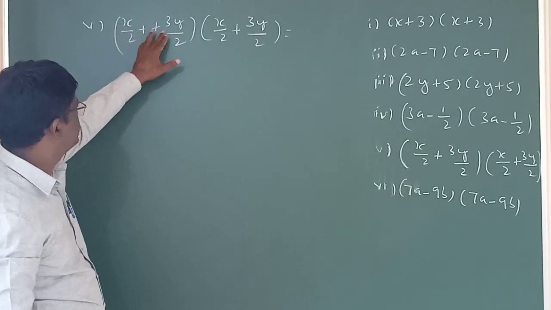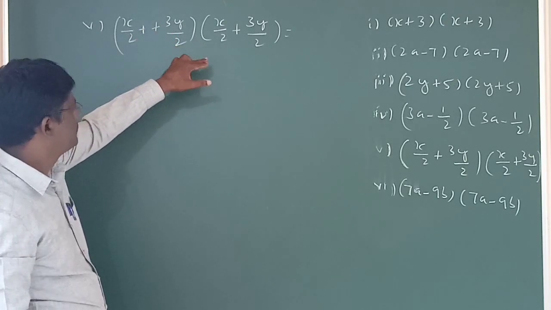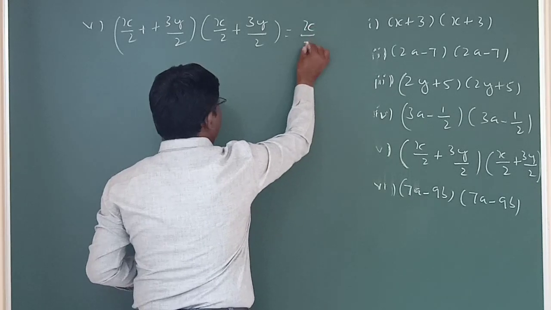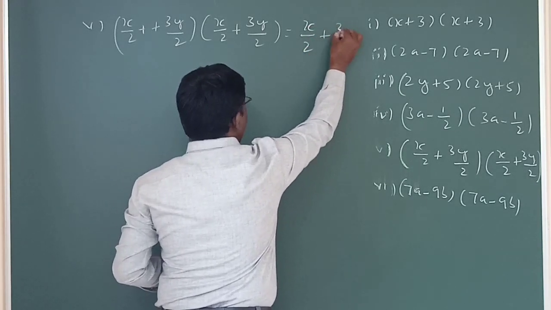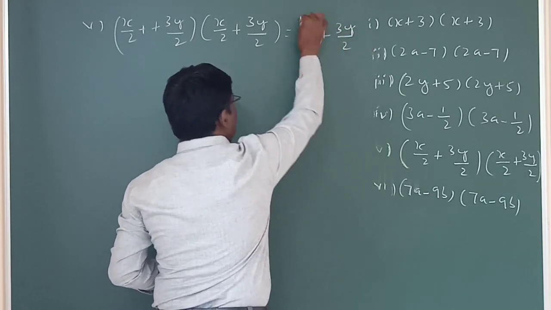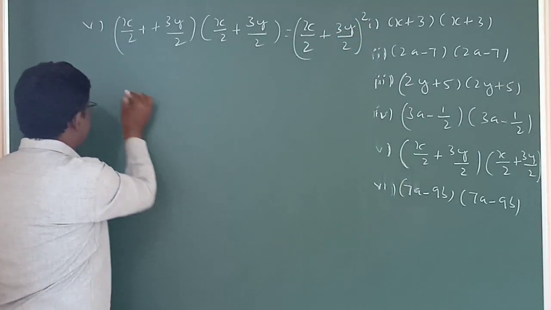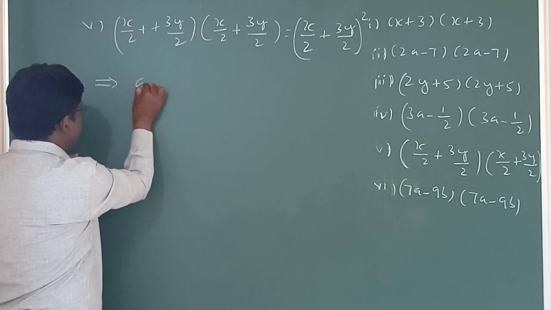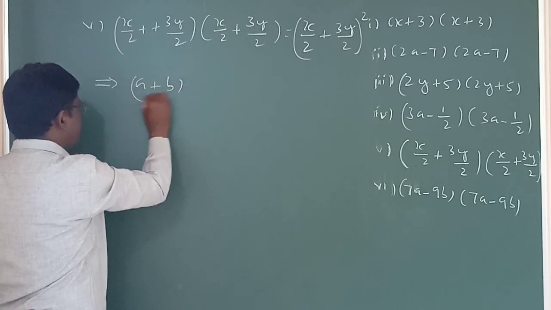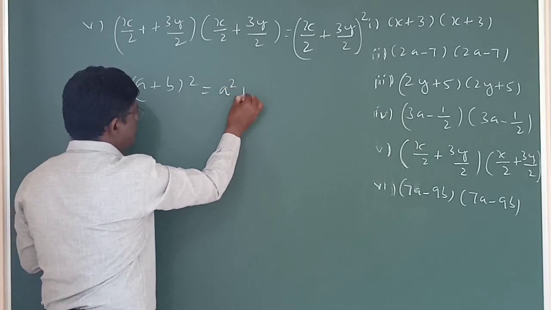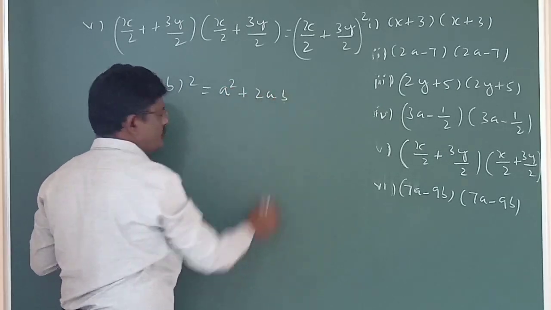Now consider one more. X by 2 plus 3y by 2, x by 2, 3y by 2. Hence, (x by 2 plus 3y by 2) whole square. This implies what? A plus b whole square identity. A square plus 2ab, what is expansion?